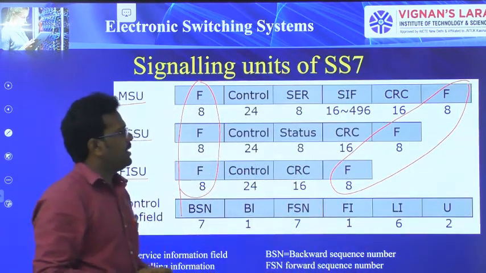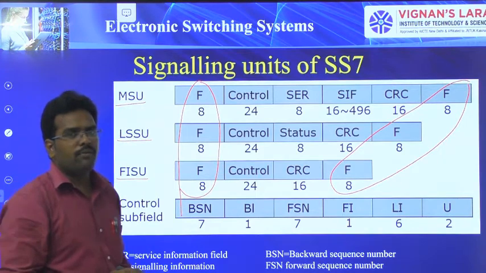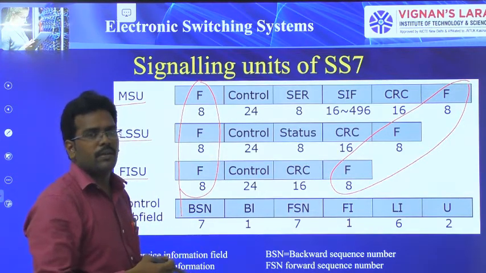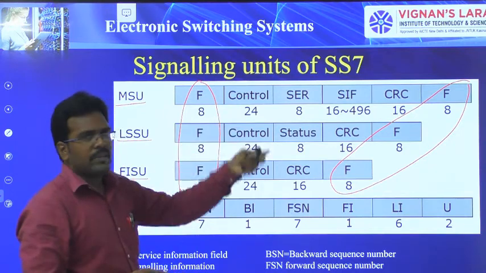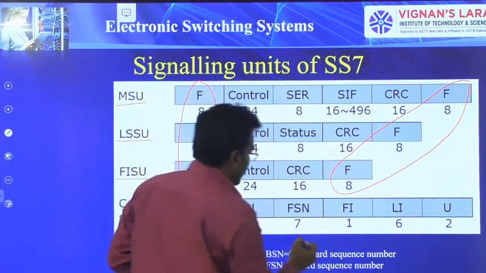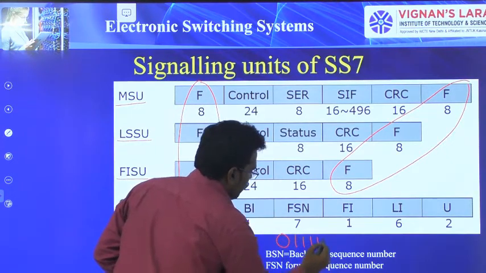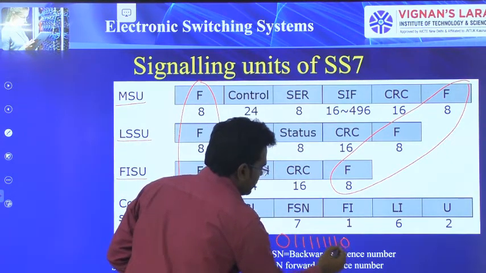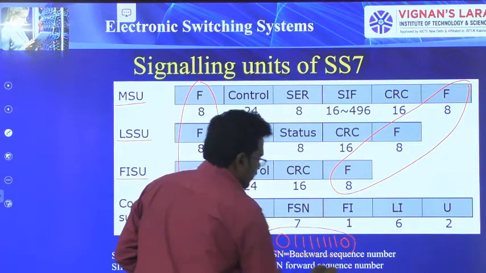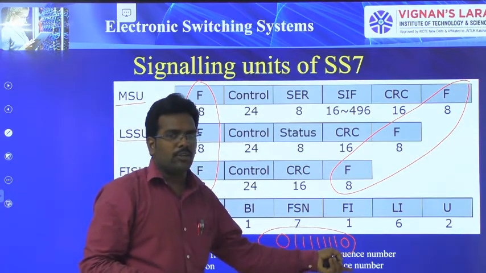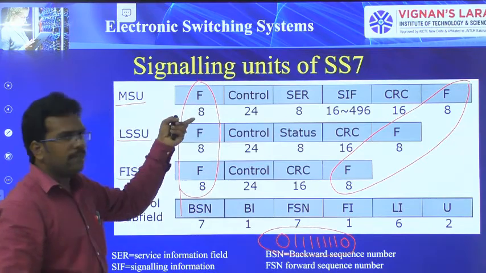Generally, to discriminate between the SUs, we place these flag bits. The flag bits contain 0, six 1s, ending with 0. Therefore, the size of this flag is 8 bits.